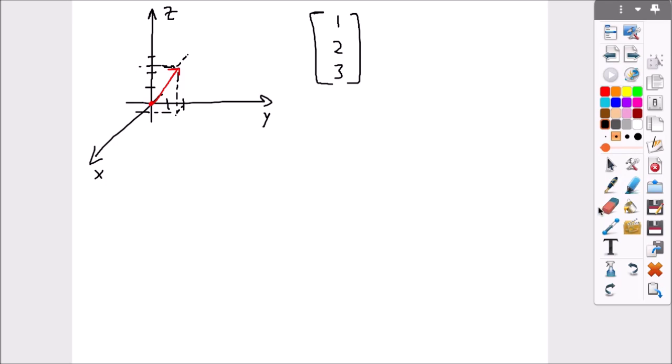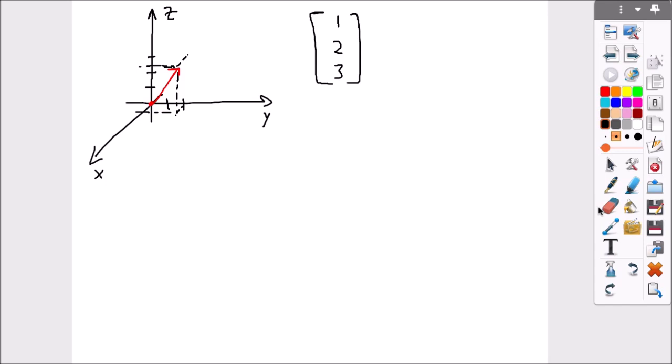Their direction is not really clearly defined. The direction is not defined by tan inverse. It can be defined by something called direction cosines, but I'm not going to get into those. The direction is the component form, basically. Because for 1, 2, 3, there's only one subset of vectors that can point in the direction of 1, 2, 3, and that's any multiple of 1, 2, 3.